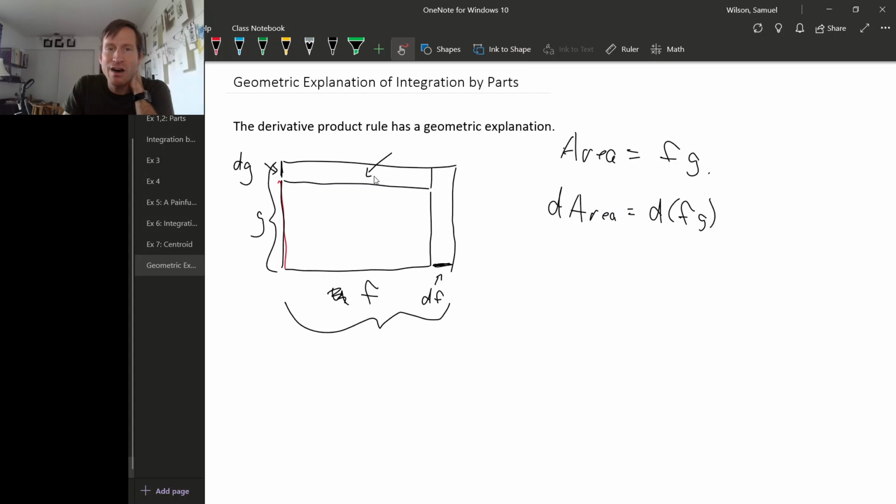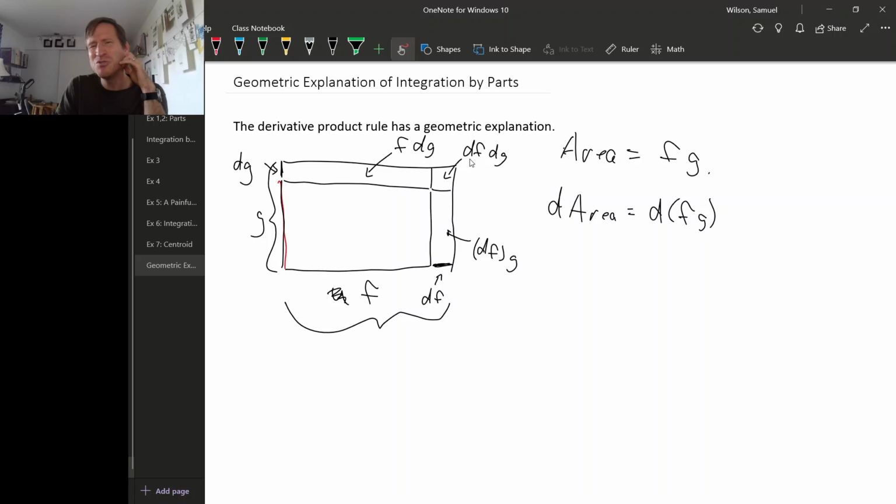This piece on top is f across the bottom and dg high, so the area of this top piece is f times dg. The area of this right-hand piece is df wide and g units tall, so df times g. And then this little bit in the corner is df times dg.